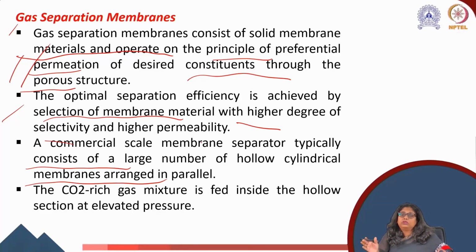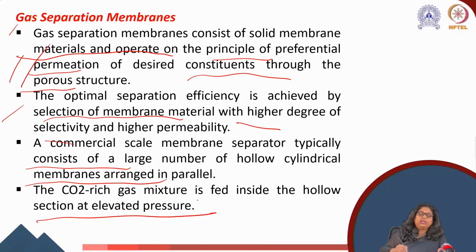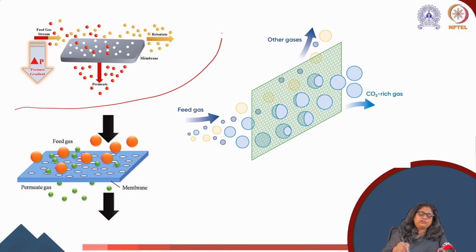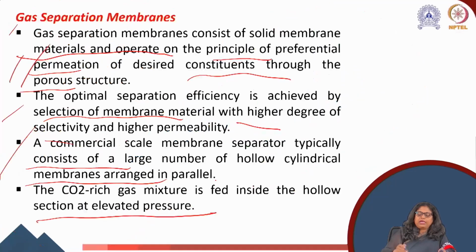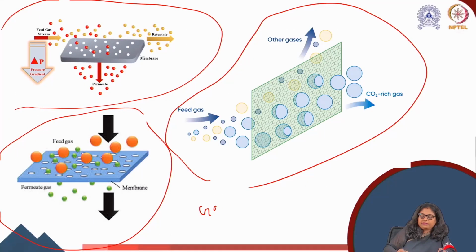The CO2 rich gas mixture is fed inside the hollow section at elevated pressure. So we have the hollow cylinder, which is commercially available as a commercial scale separator. Here the different diagrams have been shown. I have put three diagrams, and this is the case of the gas separation membrane.